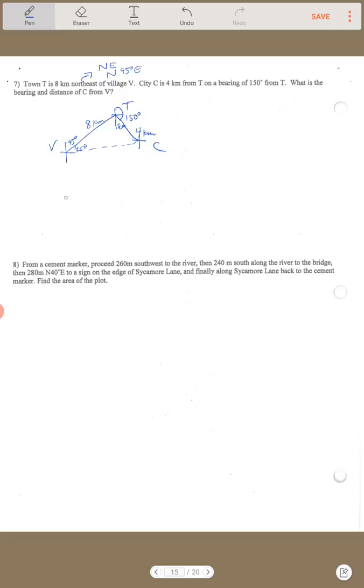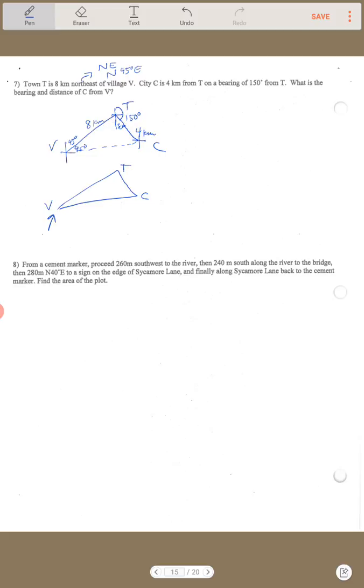Okay, so you can see here what we've drawn is a triangle. And so to find the bearing and distance of C from V, our main focus is from here. Okay, so let's label the things we know.